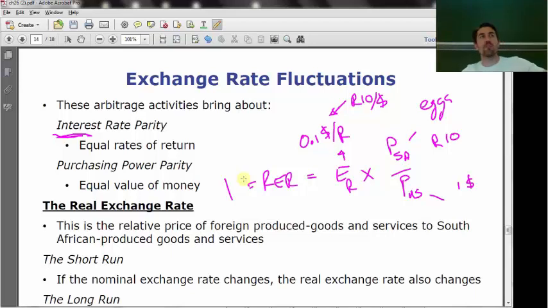What you find is maybe the world wants more of the US's stuff than they want of our stuff, which makes our real exchange rate lower. In other words, it would cost us more rands per dollar if the world in general wants more of the US's stuff. We might find that we have to give up more than 1 egg just to get 1 egg from the US. Do you get what I mean?